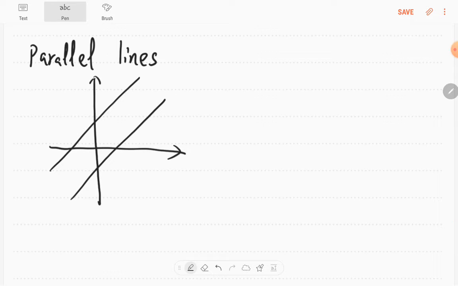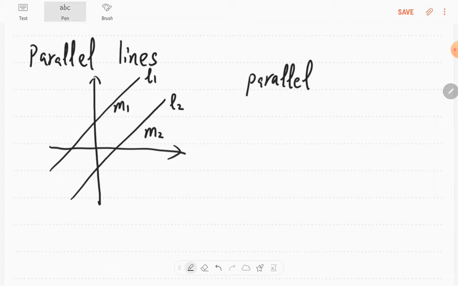If this is line 1 and this is line 2, with slopes m1 and m2, and the two lines never intersect, then we say these two lines are parallel.